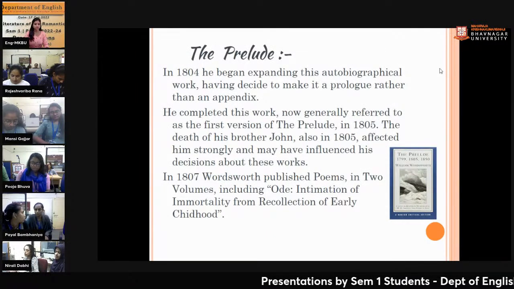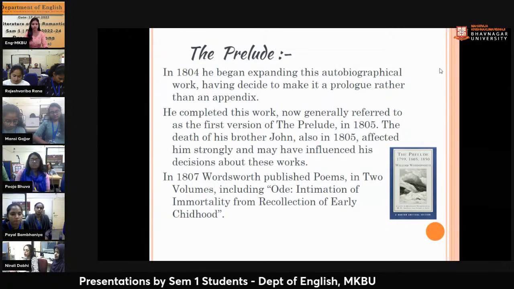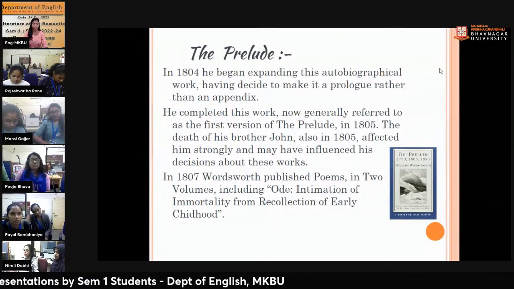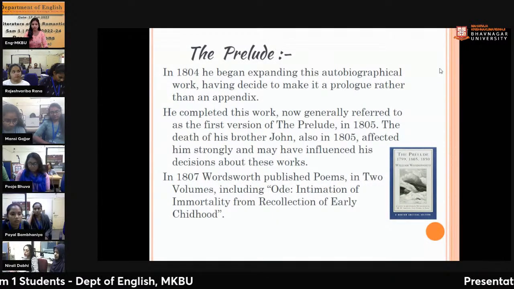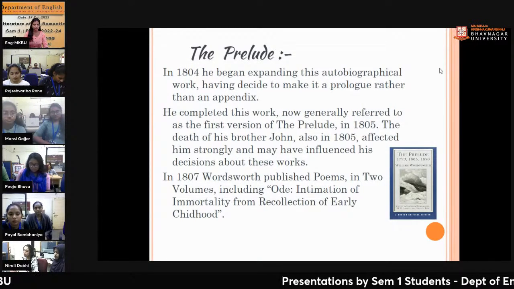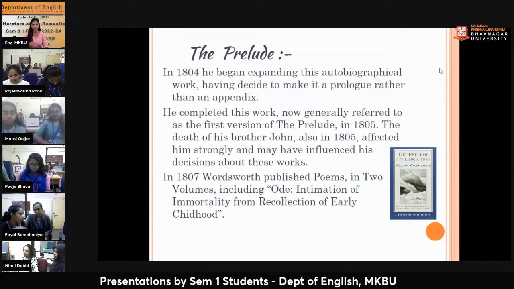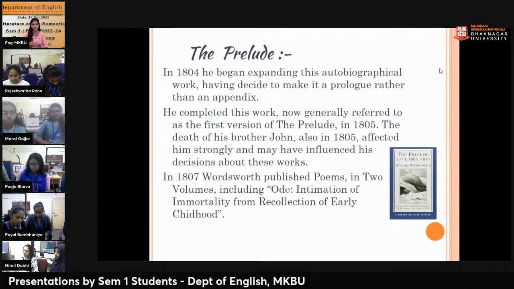In 1802-1804, he began expanding this autobiographical work, having decided to make it a prologue rather than an appendix. He completed this work, now generally referred to as the first version of The Prelude, in 1805.